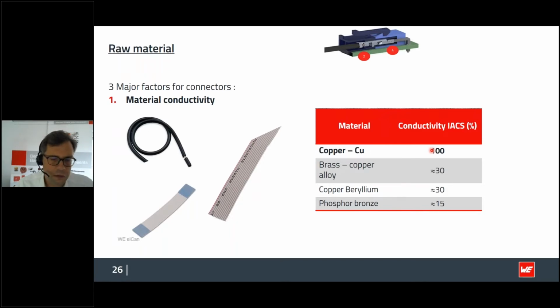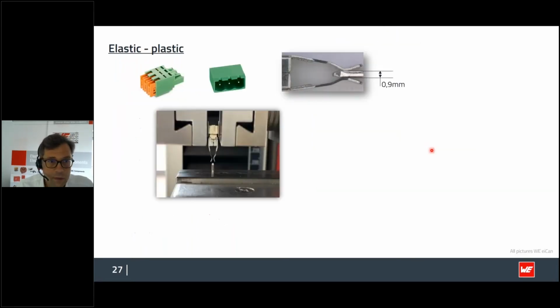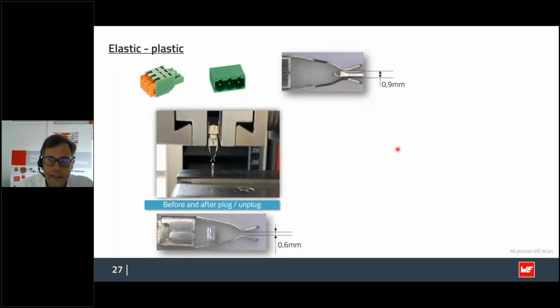So you might ask yourself, okay, why do manufacturers use these copper alloys? The reason is linked to the elastic and plastic behavior of connectors.